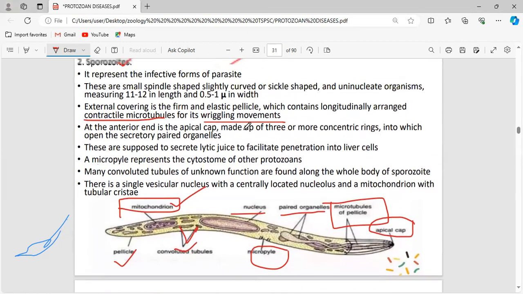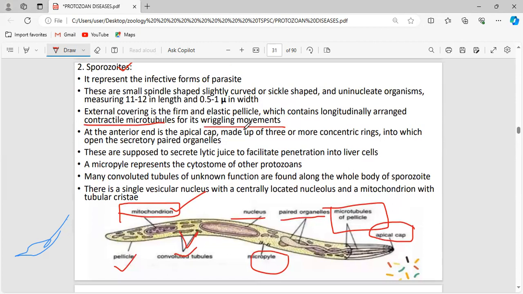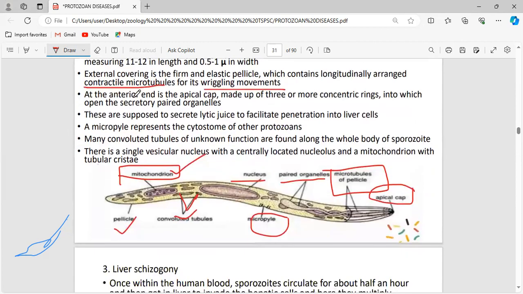This is why the parasite can move from the blood to the liver and back to the blood. Now, this is the anterior end, where there is an apical cap. The apical cap is made up of two or more contractile rings into which open the secretory paired organelles.